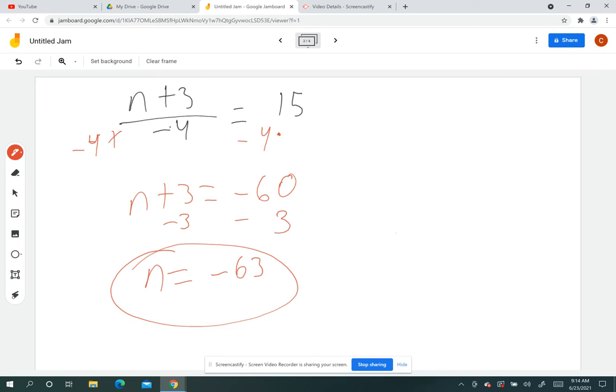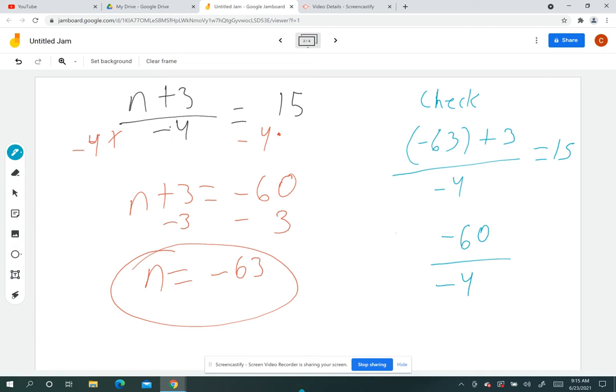Now we're going to plug this into the equation. And this time let's use blue as our check. We have the original problem. We have negative 63 plugged in for n. We're adding 3, dividing by negative 4, all equals 15. So negative 63 plus 3 gives us negative 60, because we're getting more positive.